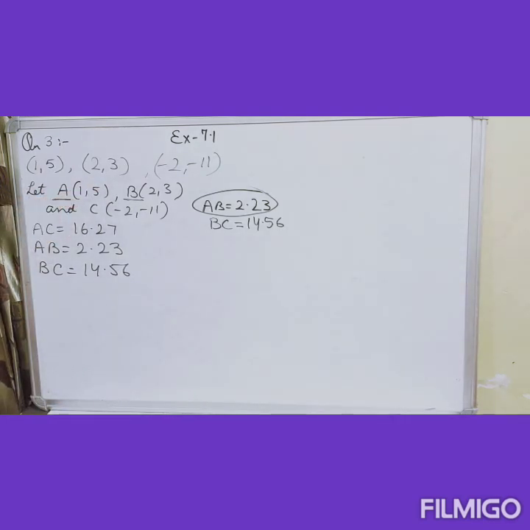Suppose we have 3 points. Again, I'm taking the points A, B, C, and if these 3 points are collinear, that means they make a straight line. If they make a straight line, then these two distances, AB and BC, must add up to AC. Is the point clear?